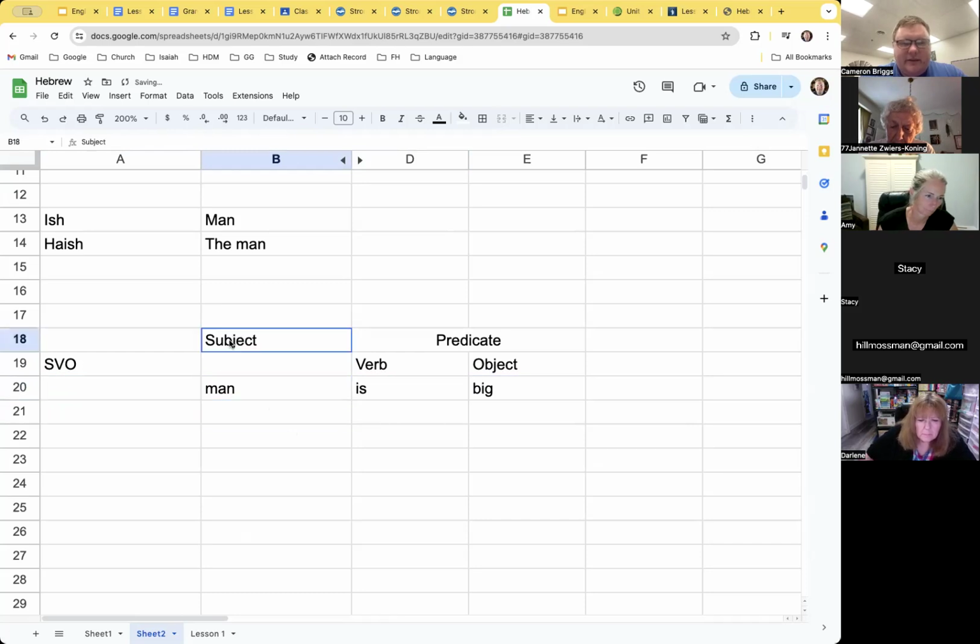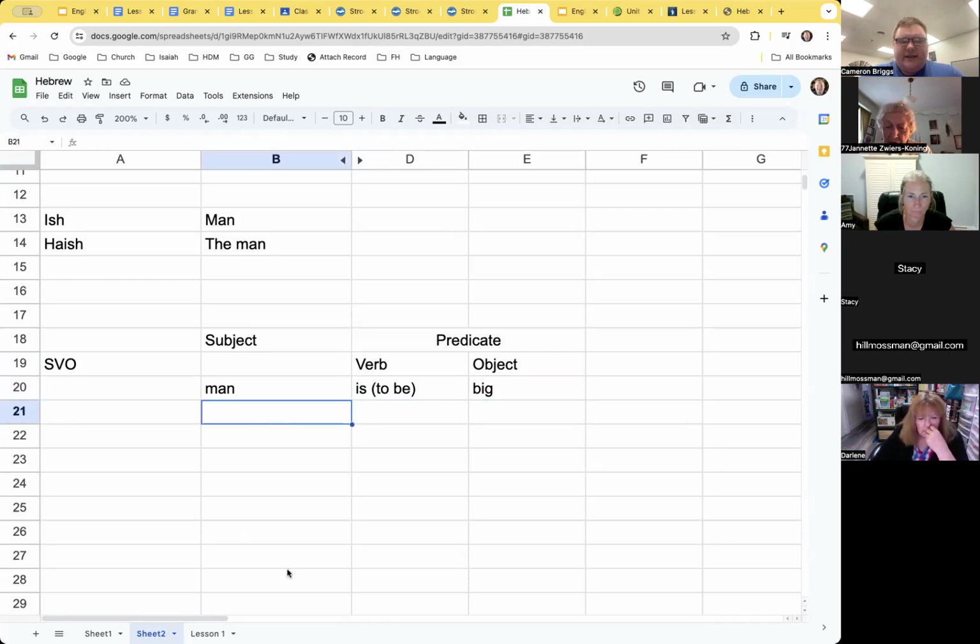Man is the subject of the sentence. The verb, which is to be, is here, and then big is the object of the subject, which is kind of tricky. Just know that the subject and the object are separated by a verb.